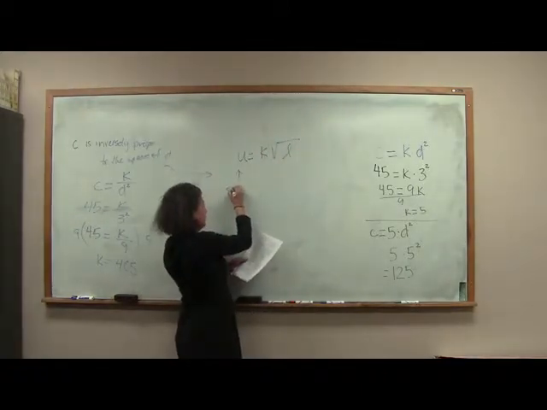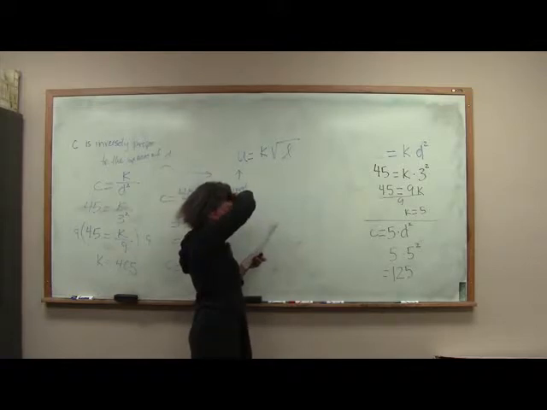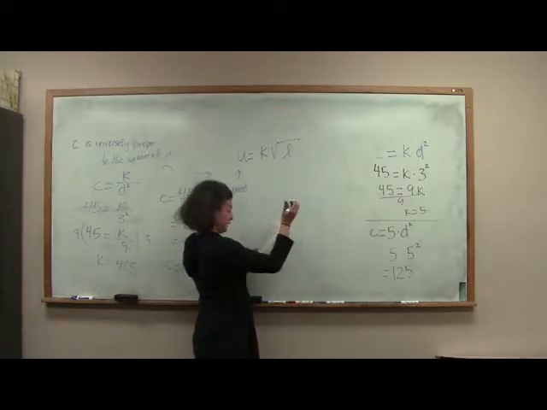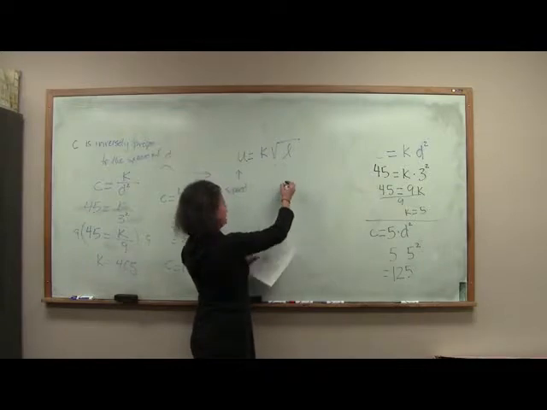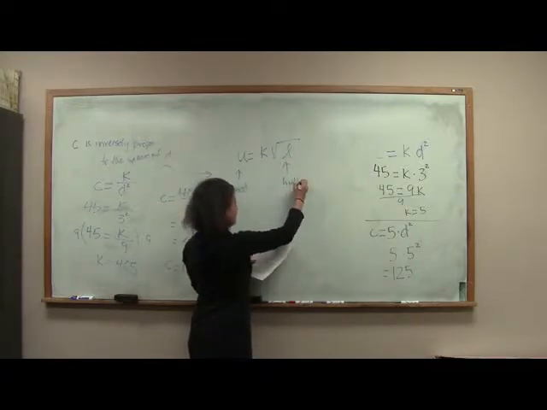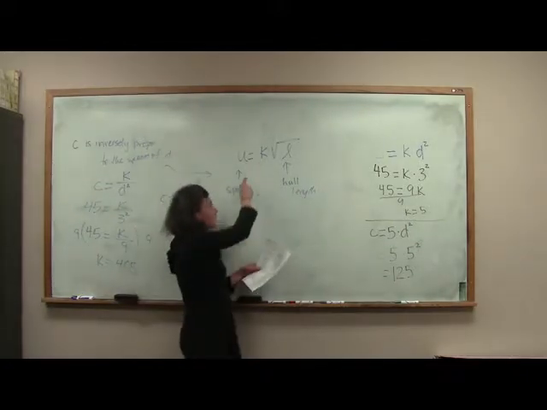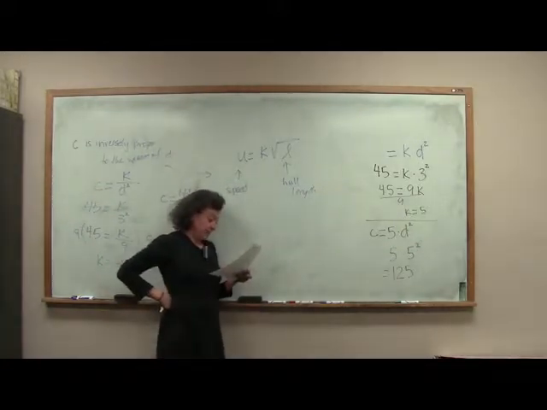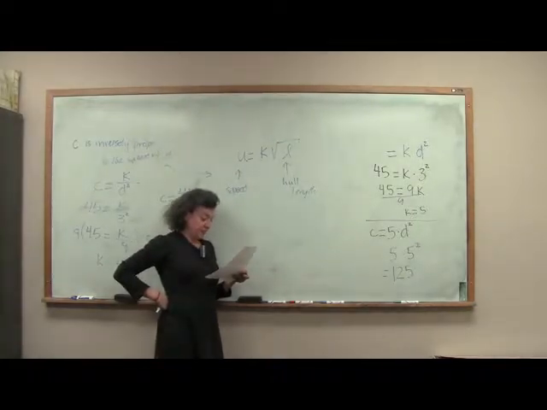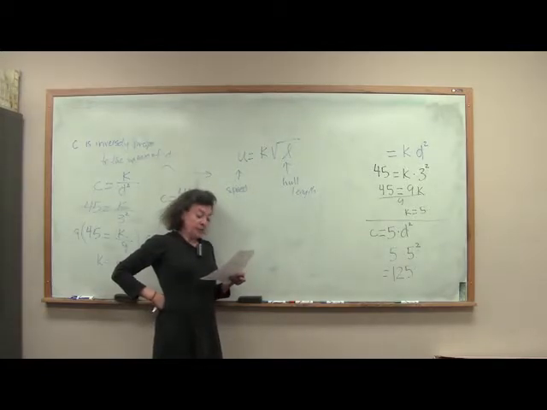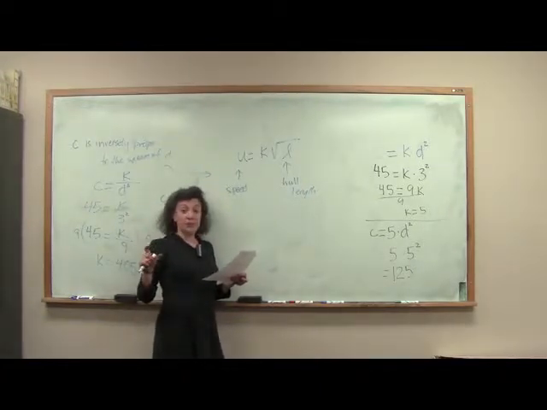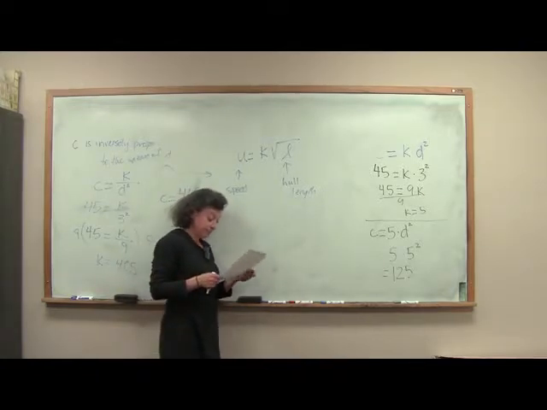So U stands for the speed and L is the hull length. Okay? And they say where K is a positive constant. The constant K varies depending upon the ship's design. But the scale models of a real ship have the same K as the real ship after they're actually modeled.